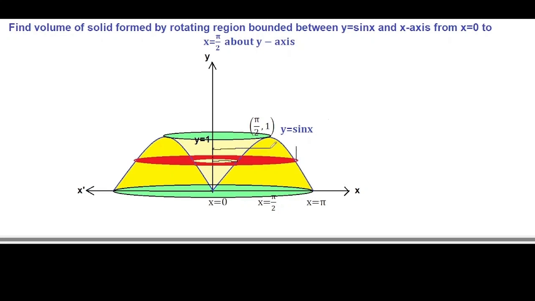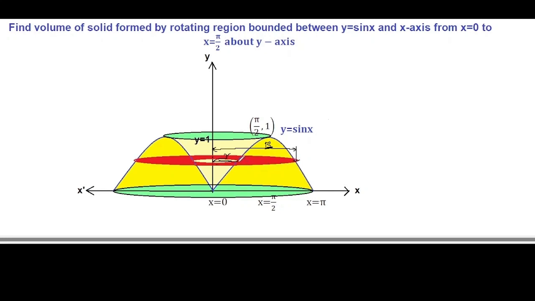To use the disc method, we need to find out the volume of this disc and integrate it. Now, to find the volume, we need the area of this disc. But here you can see both the inner radius, small r, and the outer radius, capital R, are coming from the same curve y equal to sin x.